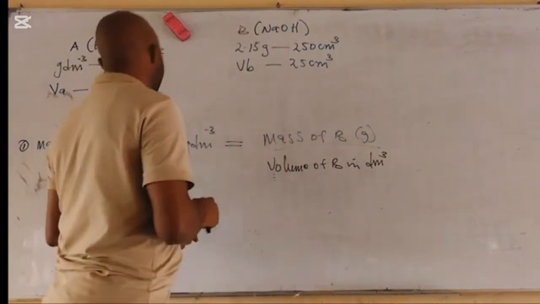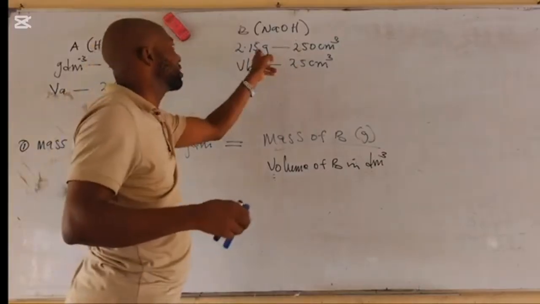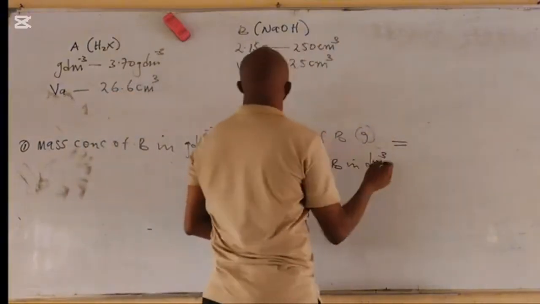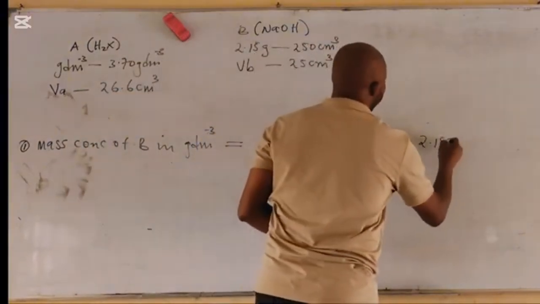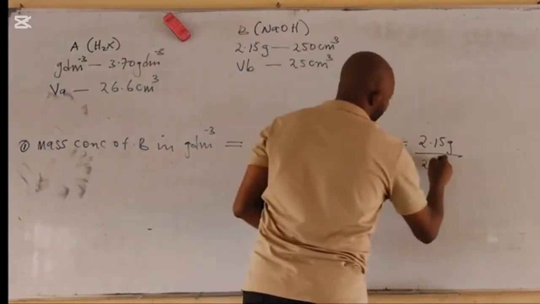So the formula says mass over volume in dm cube. So this mass is here, volume is there, so we can proceed. And this is equal to, the mass is 2.15 gram over the volume is 250 over 1000 in dm cube.